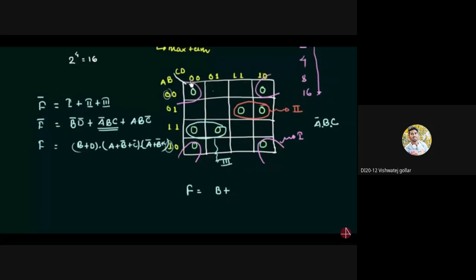In C and D, you can easily see that C is changing from 0 to 1, but D is not changing and it is 0. I'm not going to write D as D complement, but I will write it as D because it is 0. So you can see that we just found the first part of our answer, B or D. Similarly, I will do the rest of the things and find this easily.